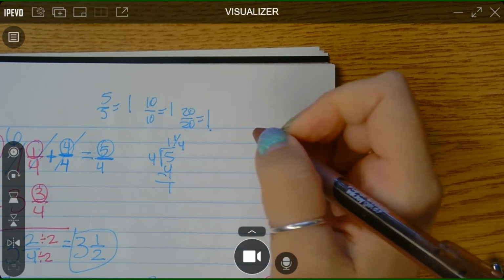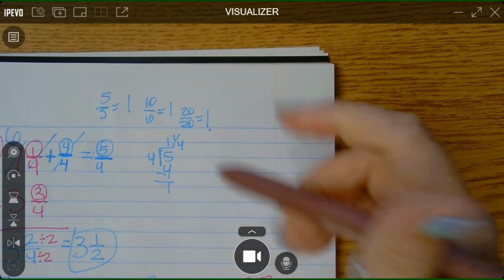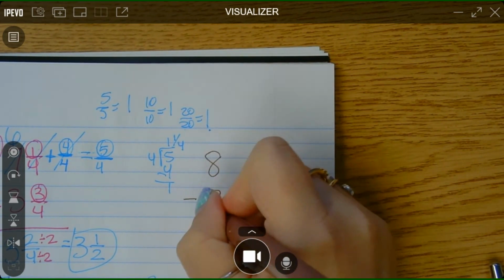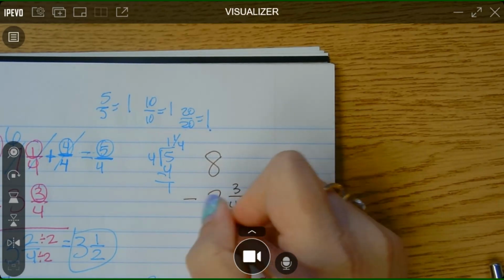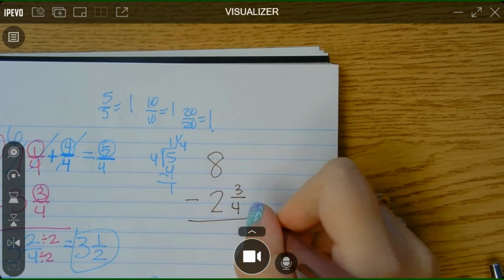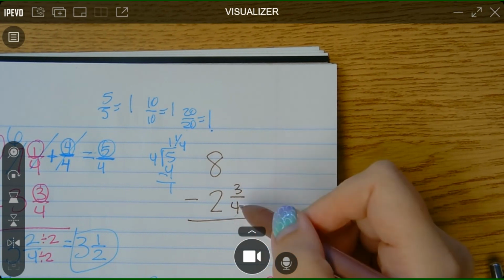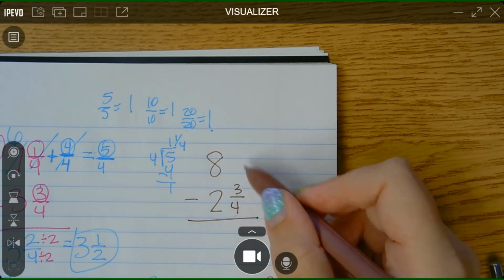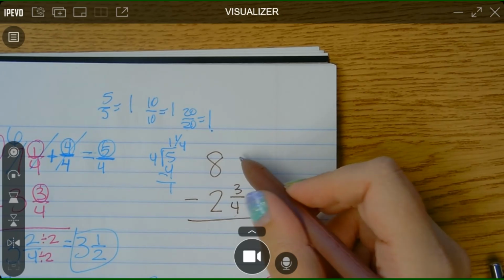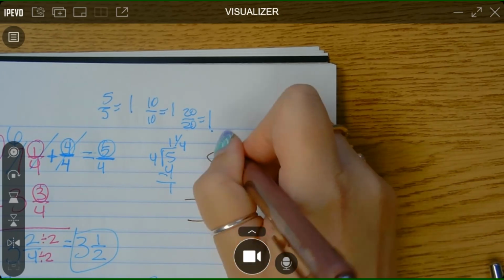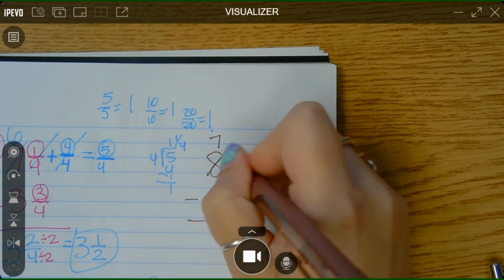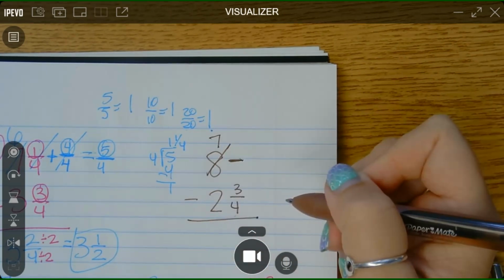Okay, what if you have like 8 minus 2 3/4? Is it possible for you to take something from nothing? No, you can't give away stuff if you don't have anything, right? So when I go to borrow from the whole number, I'm going to add 1 as a fraction of the same number over itself.